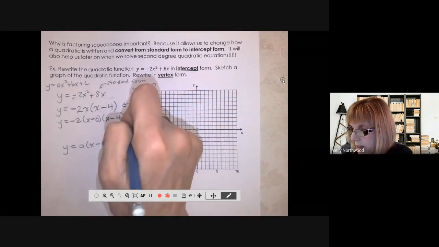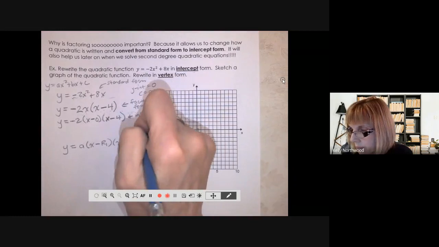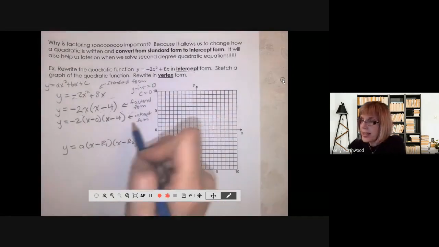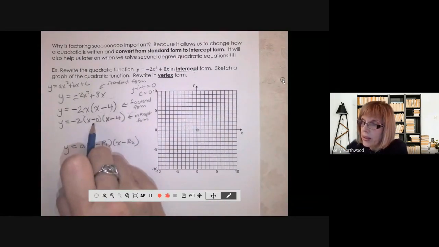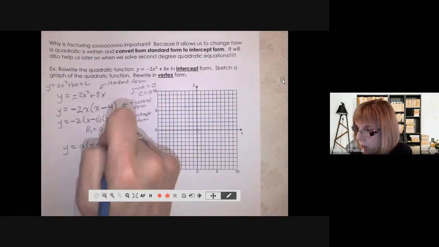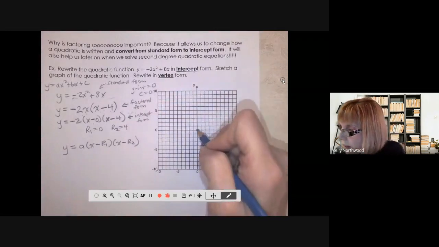And this is called intercept form. Okay, they're close. They mean the same thing. This one just exaggerates so that the intercepts jump out at you. So you can see that the intercepts are 0 and 4. So we were right on this one.